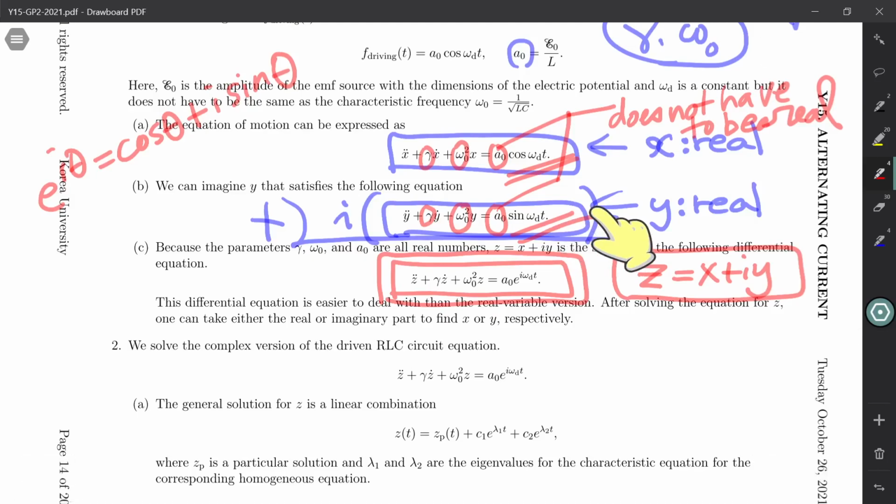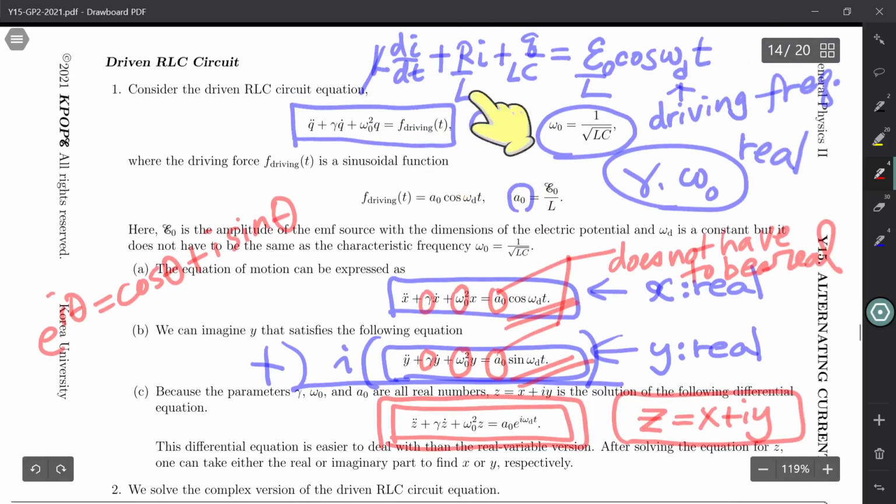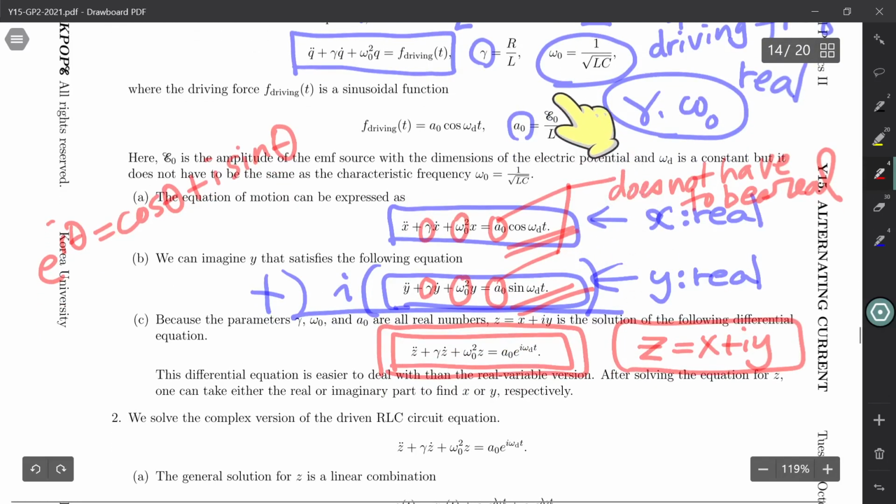If the driving force is related to the cosine, then we end up taking the real part of e to the i omega_d t.